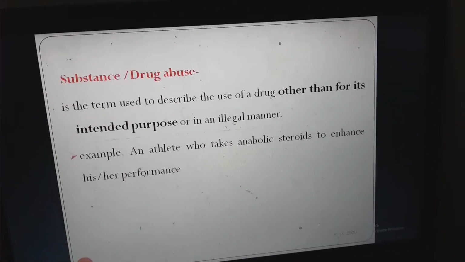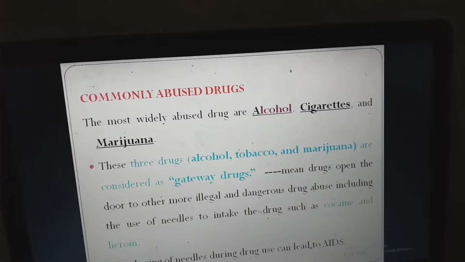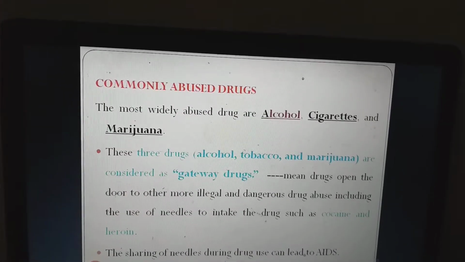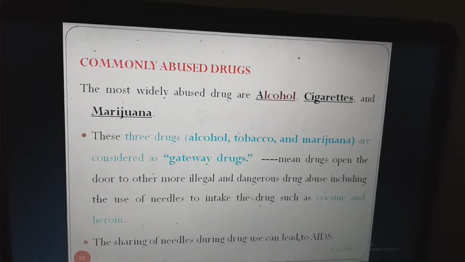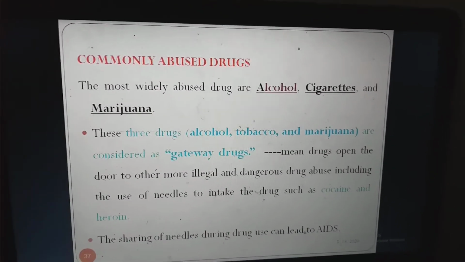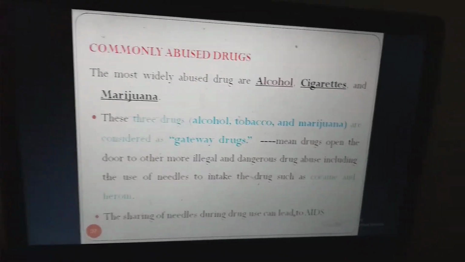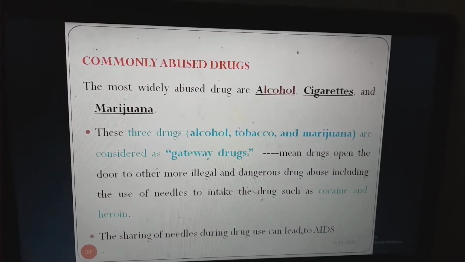This is what we call drug abuse or substance abuse. Commonly abused drugs worldwide are mostly 3: alcohol, cigarettes, and marijuana. So these are the most common. Don't forget. What are the major 3 widely used worldwide? Alcohol, cigarettes, and marijuana.